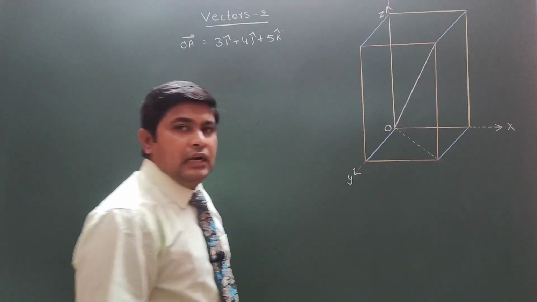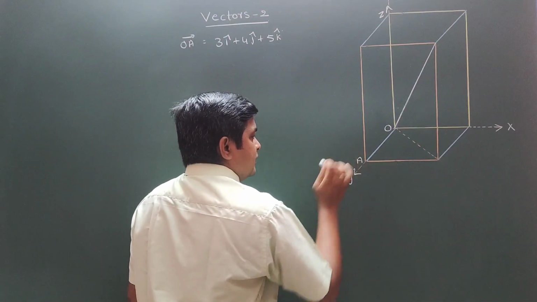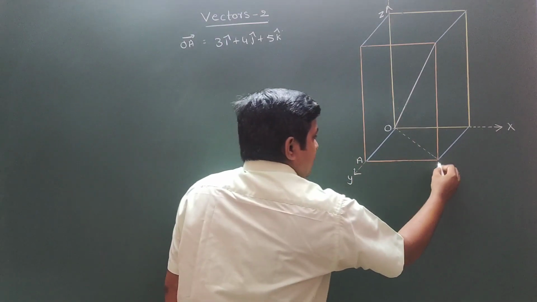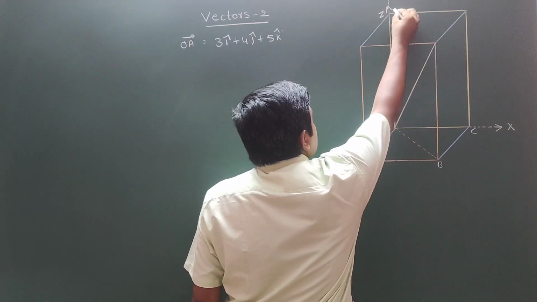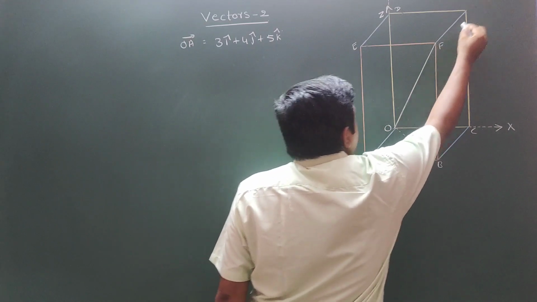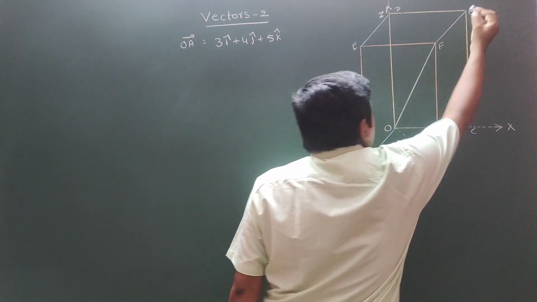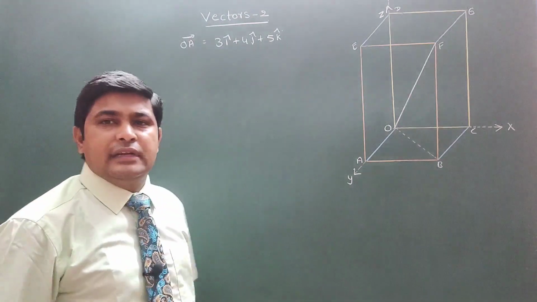O. From this you try to understand in what order I am giving it: A, B, C, and next D, E, F, G. Whatever plane you want to know, from that diagram you can see very clearly.